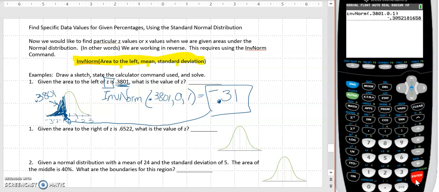Now in the next question, the problem says, given the area to the right of z is 0.65. Well, I've got to have more than half. In my drawing, here at 0 is half, so to the right of that is 0.65.